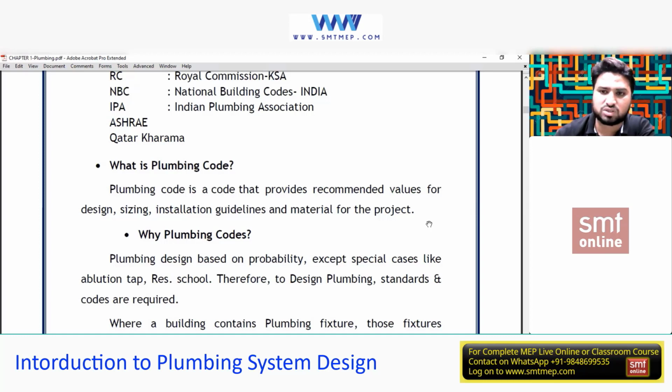These are the guidelines you can follow so that you have done the project in a standardized manner.